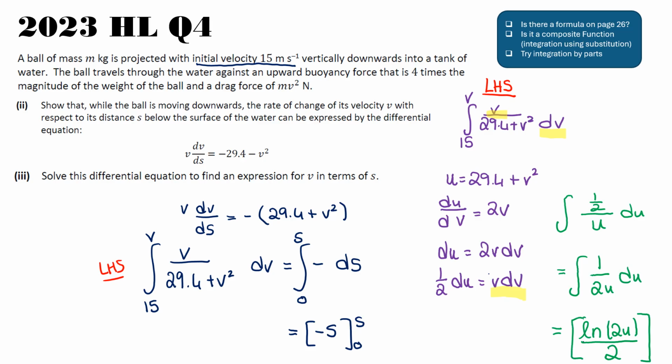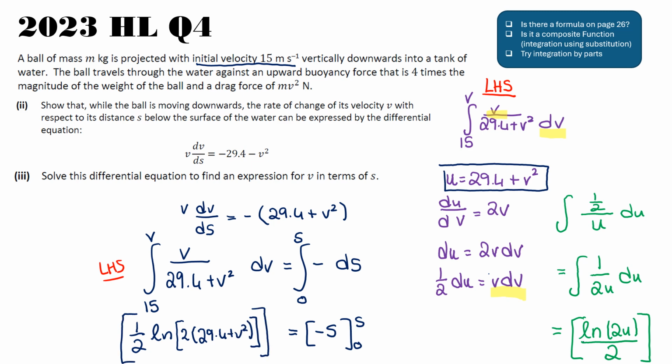So when we come back over here to that left-hand side, what we have is a half, the natural log of, instead of 2u, we're going to put back in what we had. So 2 and our u, which was here. Make sure you do any substitution back in before you do your evaluating. And then that needs to be evaluated between v and 15.